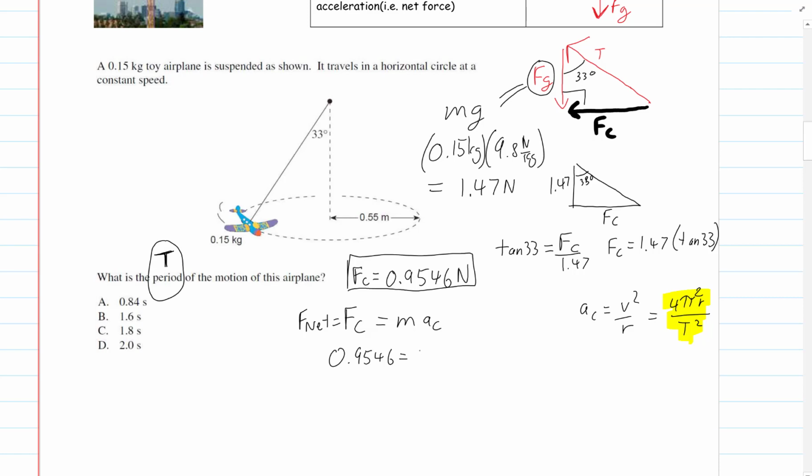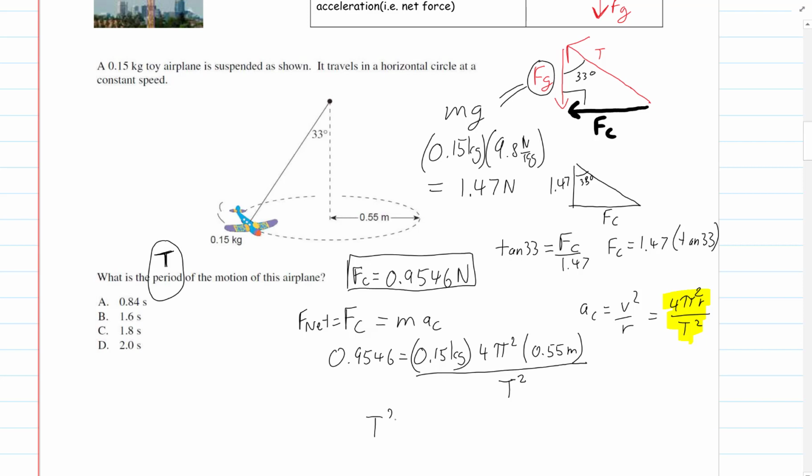0.9546 is equal to the mass 0.15 kg times that centripetal acceleration, which is going to be 4 pi squared R, which is 0.55. That's the first time that number's coming into our formula, the radius of that circle, all over T squared.